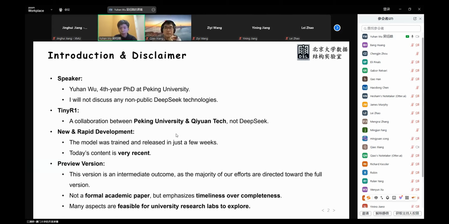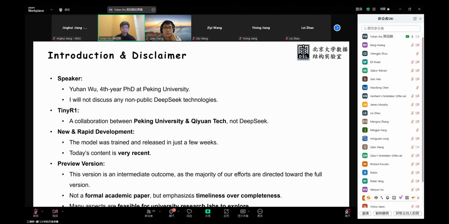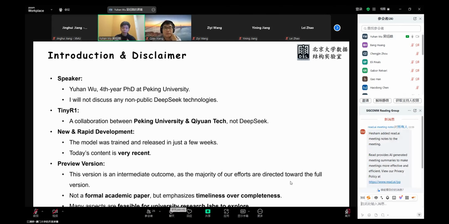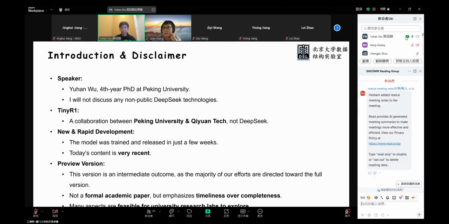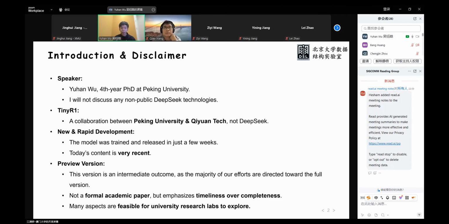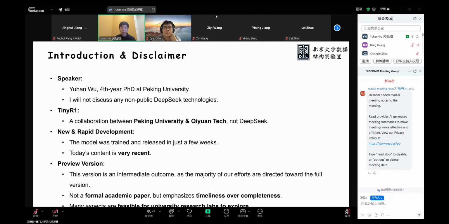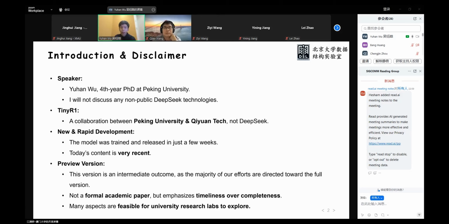However, it's still a preview version and an intermediate outcome. Our primary focus is on developing the full version. Timeliness matters more than completeness, and this is not a formal academic paper. Okay, let's dive into the details of Tiny R1.